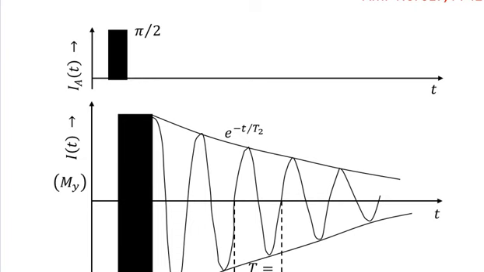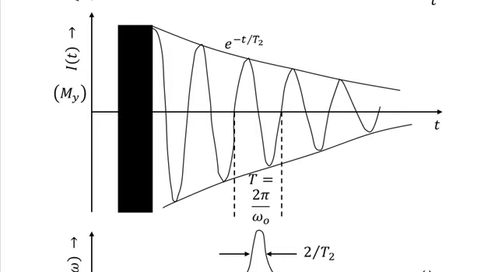Suppose it is along the y axis, then the magnetization along the y axis is given by the curve shown in the middle. This is I of t, the time evolution of the magnetization of the sample along the y direction. After the pulse is given, the signal will be decaying constantly.